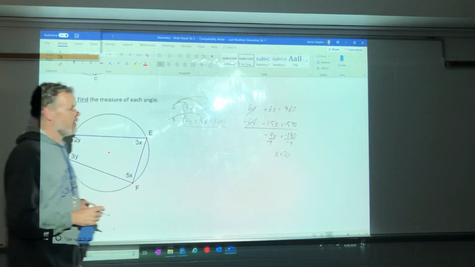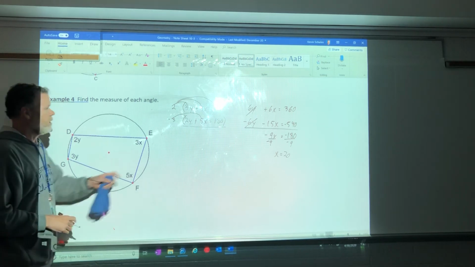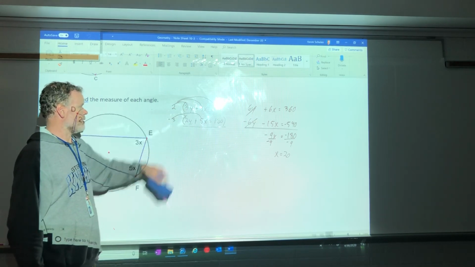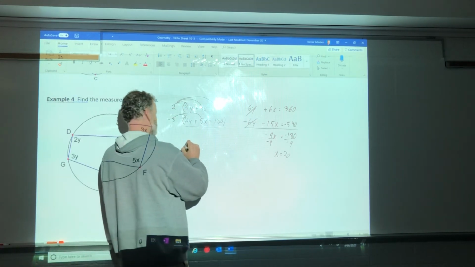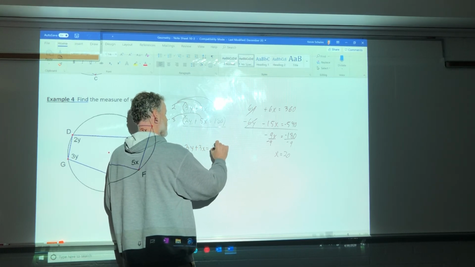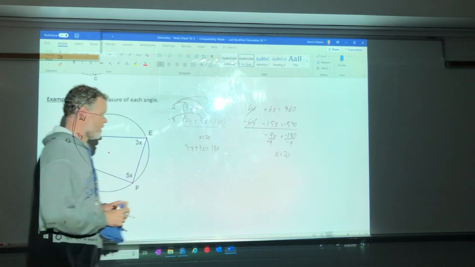Okay, so we got a value for x. X is going to equal 20. Now all we can do is pick either one of these original equations. I'll pick the top: 3y plus 3x equals 180. And again, we'll fill in 20 for x right here.